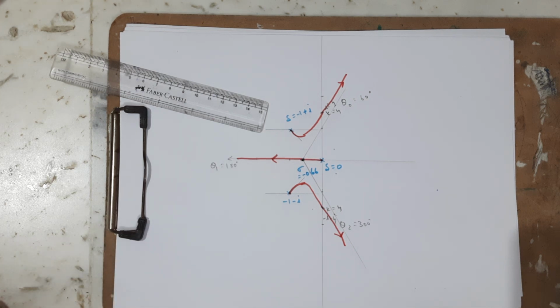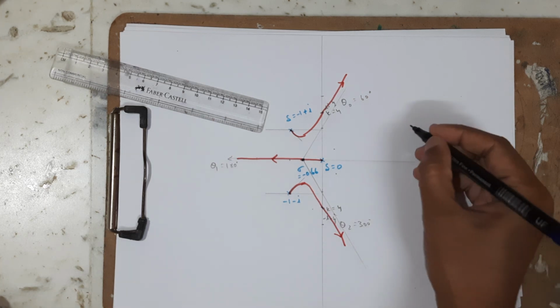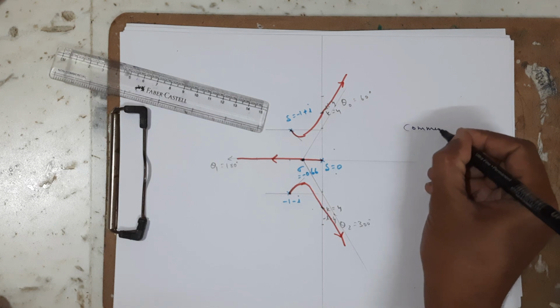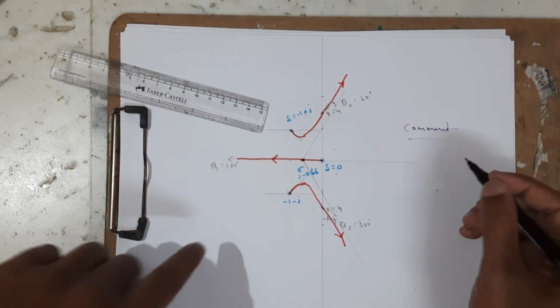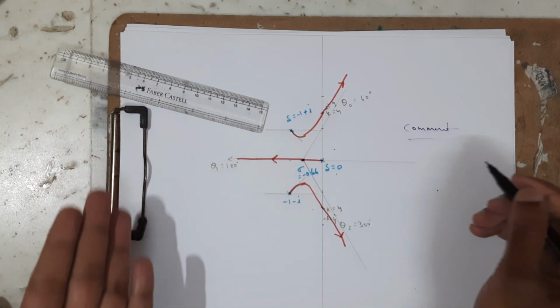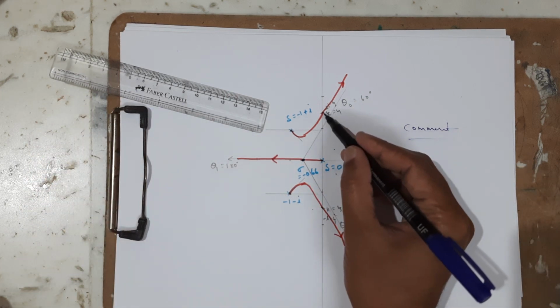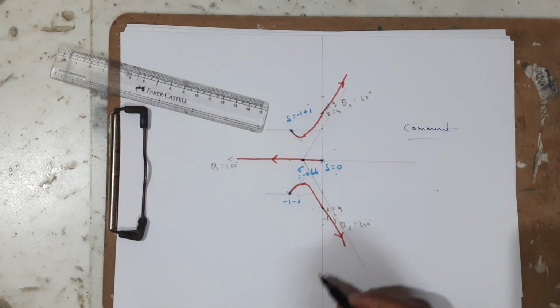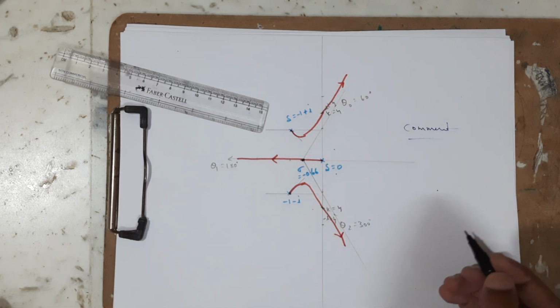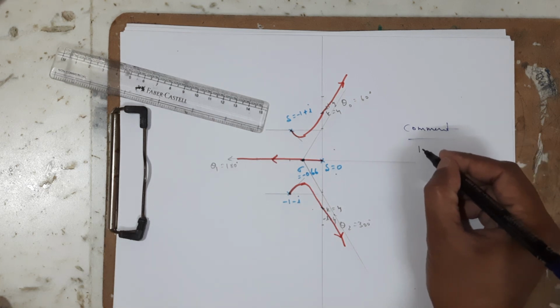Now the very important point is to write down the comment on stability. What is the comment on stability? When will the system be stable? When K is equal to 4, the root locus is on the imaginary axis, that means K margin.